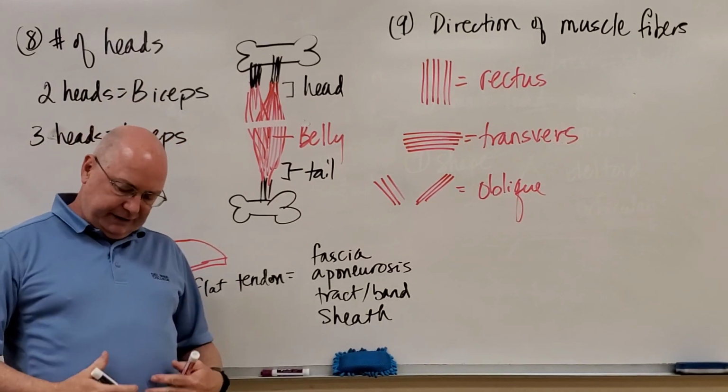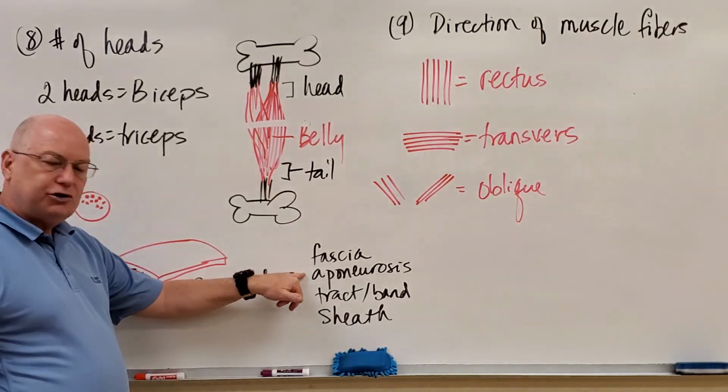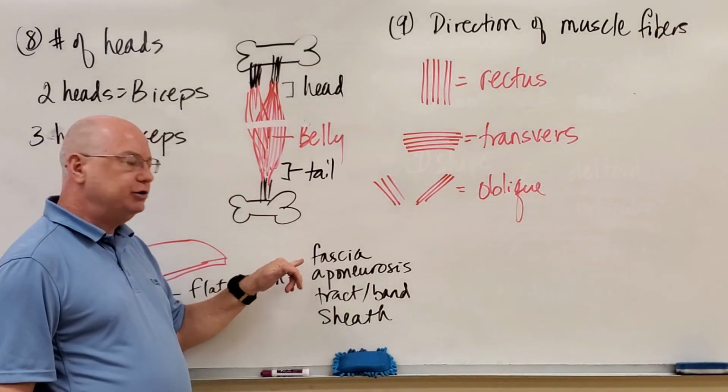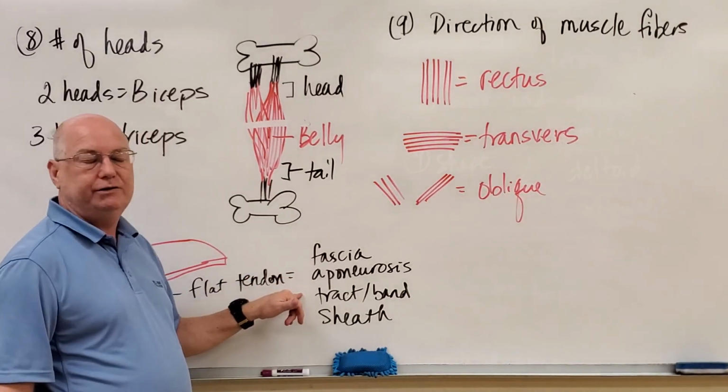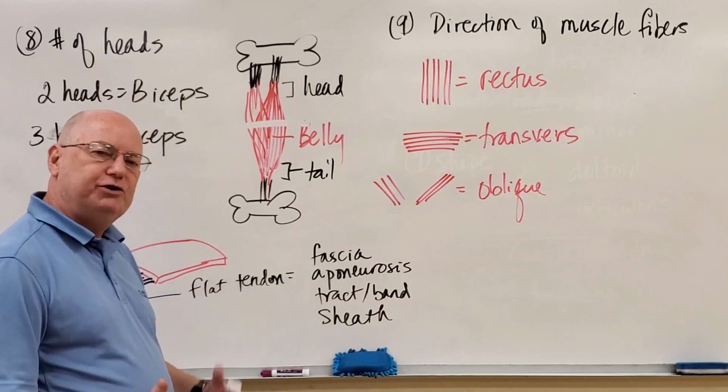We have a flat tendon that runs over our stomach called the rectus sheath. We have a plantar aponeurosis and epicranial aponeurosis. We have the iliotibial tract or iliotibial band, a lateral fascial band. We have all these terms that we're going to use.